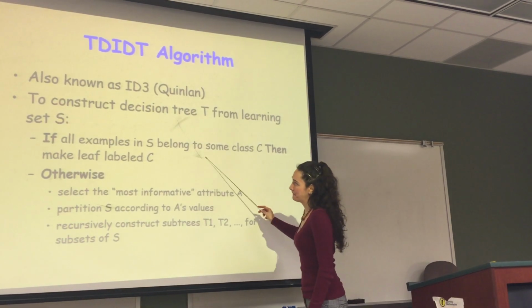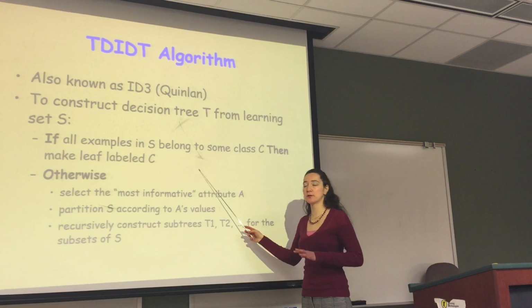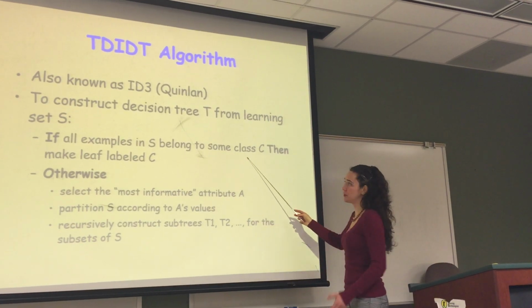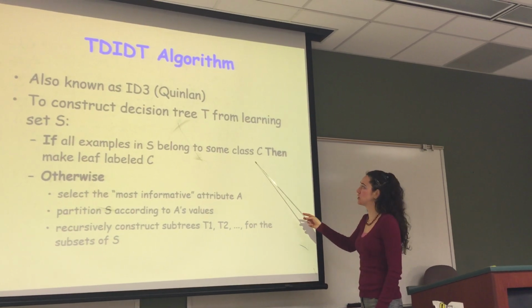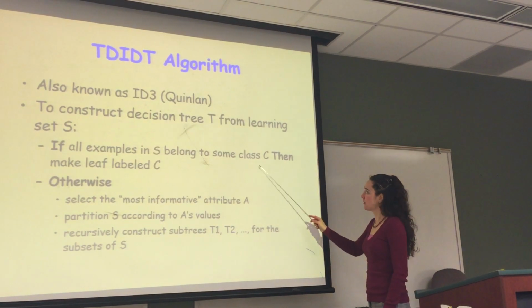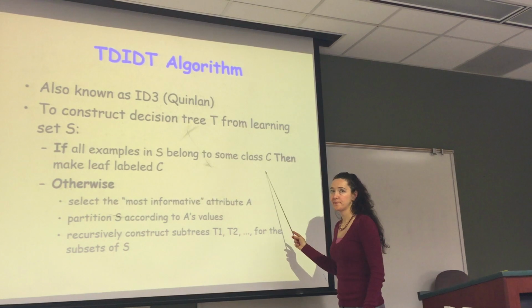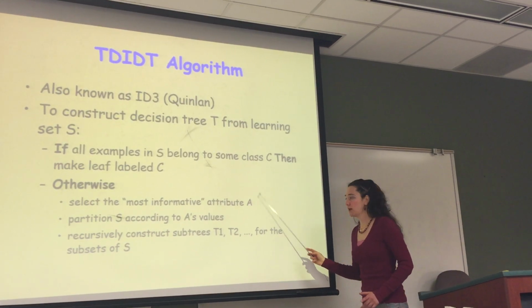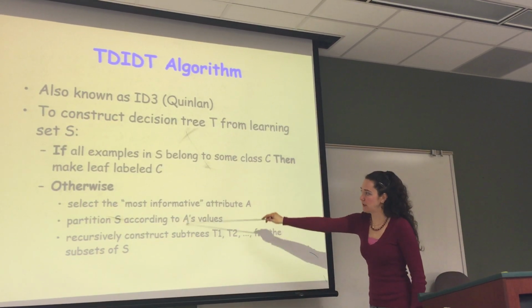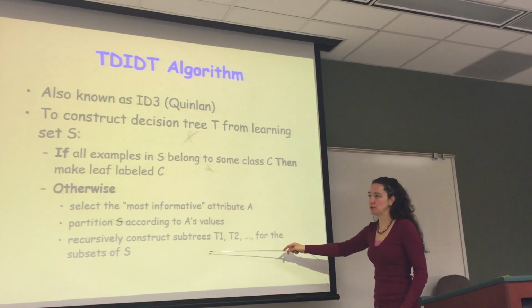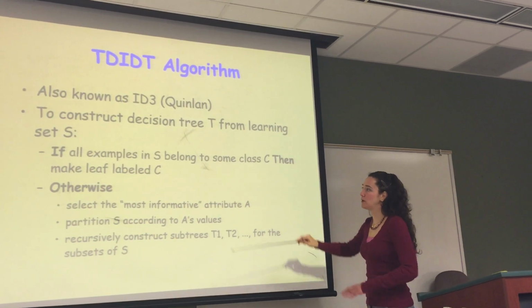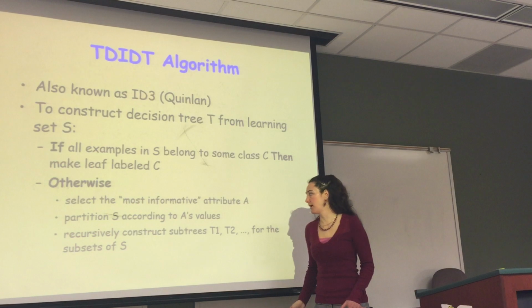And again, check each of the partitions that we created. If all the objects in a particular partition, T1, are of the same class, then we create a leaf. If they're of a different class, we have to keep splitting until we arrive at leaves at the bottom of the tree everywhere.